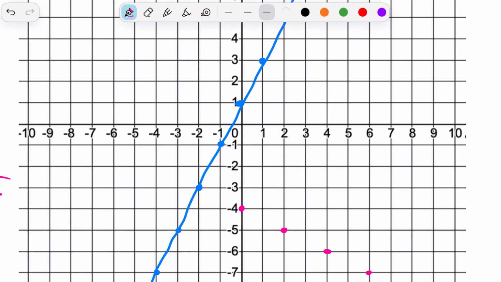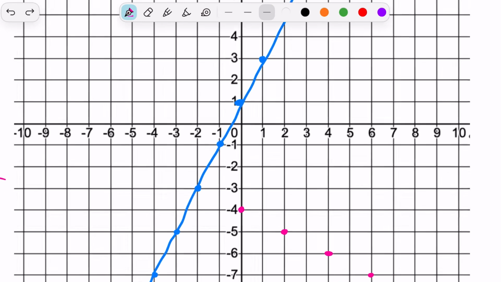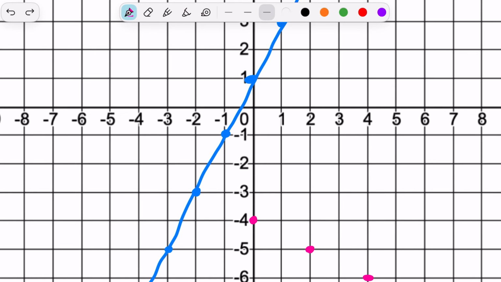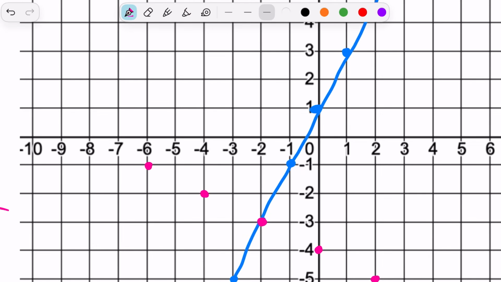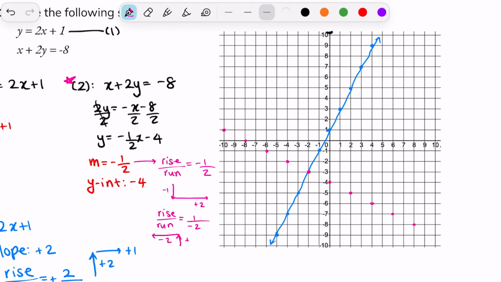And now we're going to do the exact opposite of what we did here. So instead of going down 1 unit, we're going to go up by 1 unit. And since we went 2 units to the right, we're going to go 2 units to the left. Okay, so now that we have our points, we're going to connect all of them.